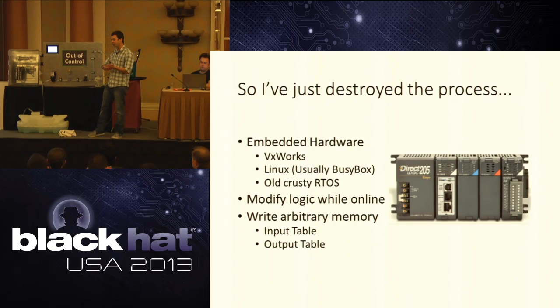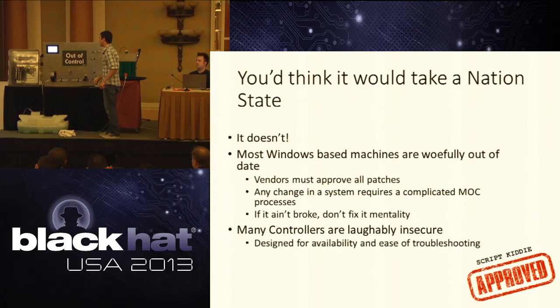And some of them, God forbid, write their own operating systems. But once you're on there, you can actually write arbitrary memory. And we'll talk about what the input table and the output table are in a little bit, but those are extremely important parts of the controller itself, because that's what actually drives these I/O cards and the instrumentation that's attached to it.